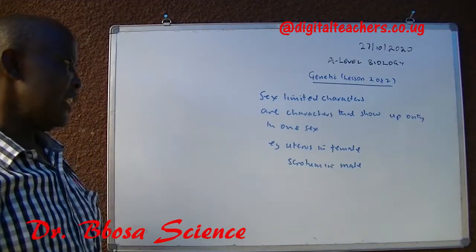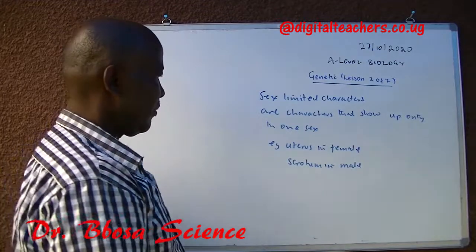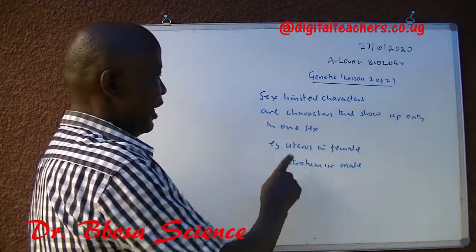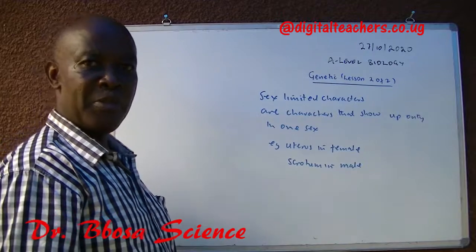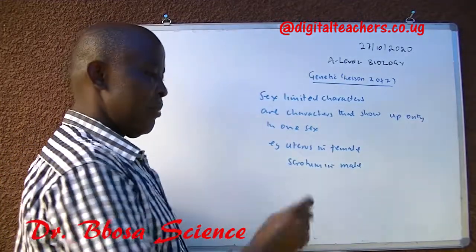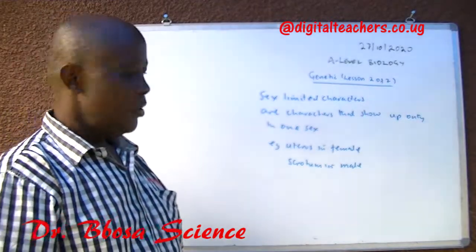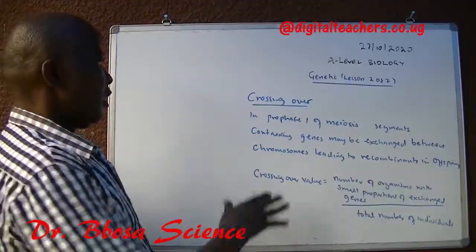Sex-limited characters are characters that show up only in one sex. For example, uterus in female. You can never find a uterus in a male. Scrotum in a male. You can never find a scrotum in female. Crossing over.